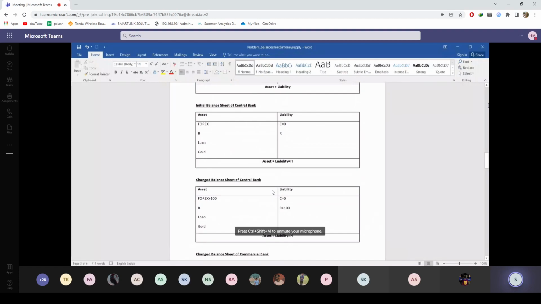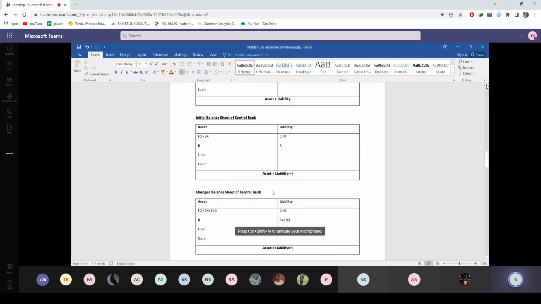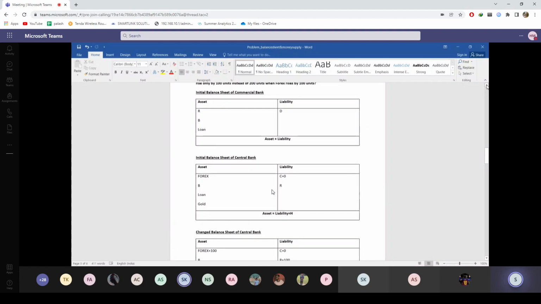When foreign exchange reserves of 100 units come in, money supply rises by 200 units. But the government does not want money supply to rise by 200 units. Suppose they want it to rise by only 100 units. They conduct a negative open market operation. What is the negative open market operation? The central bank sells bonds to the commercial bank.